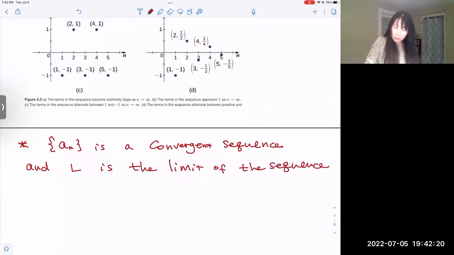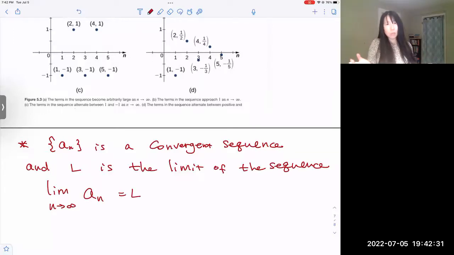Then we can say the limit as n approaches positive infinity of a sub n equals L. If the sequence is not going to converge to a number, then it goes to positive infinity or negative infinity, and we say it is a divergent sequence, all right?